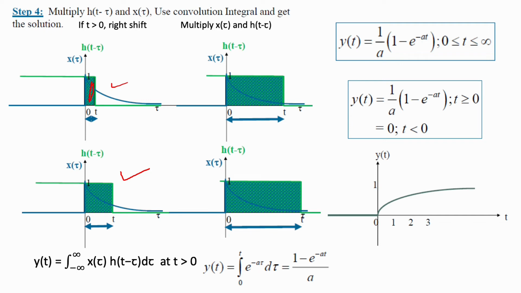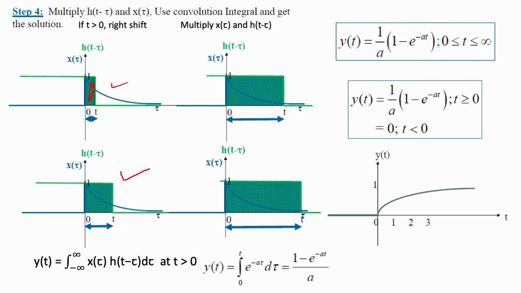If the signal is moved towards the right, the common area is a little bit increased, but the amplitude remains the same, the limits remain the same. This is the first step, second step, third step, a little bit you increase it.